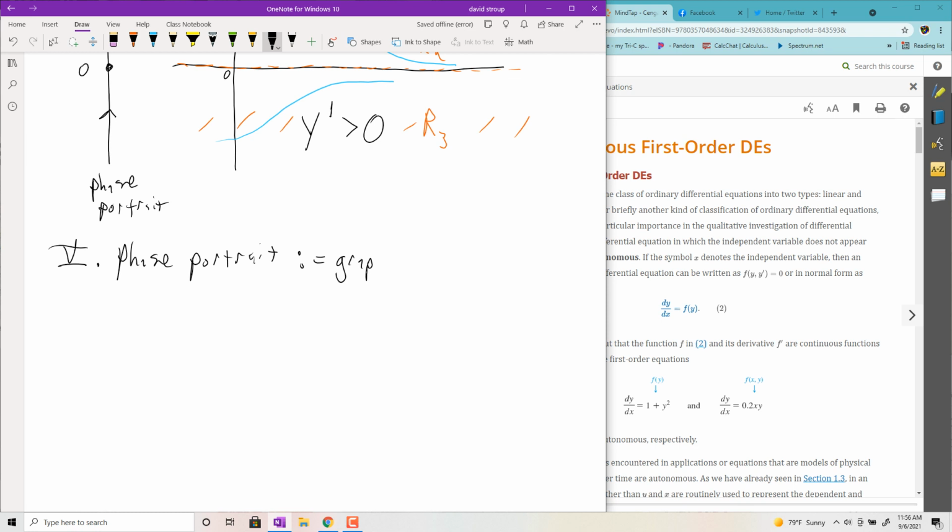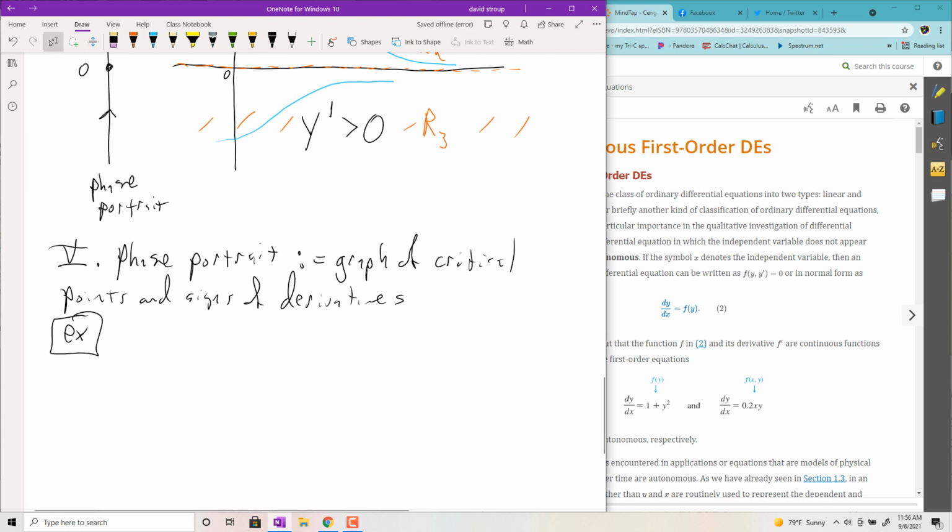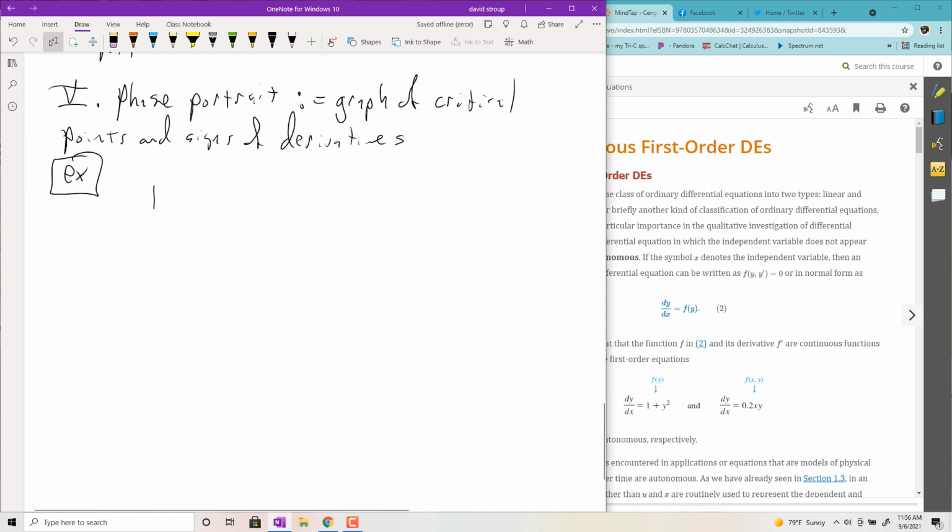So just an example that hits everything at once. There are 3 kinds of points: stable, unstable, and semi-stable. I just want to go through those. And on top of that, we'll talk about the behavior of the solutions in these regions.